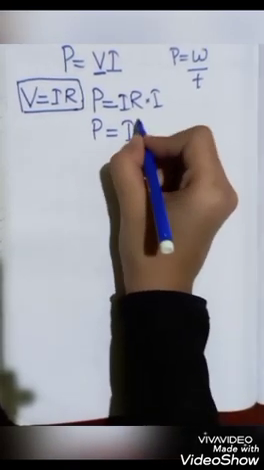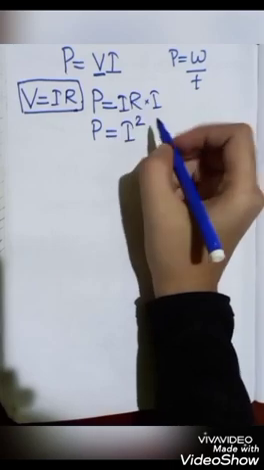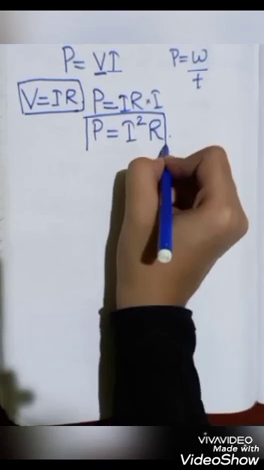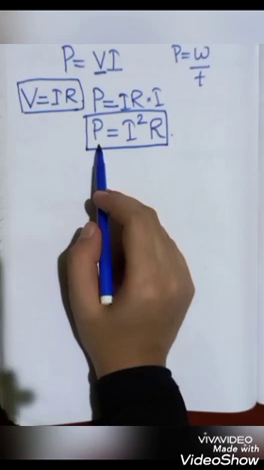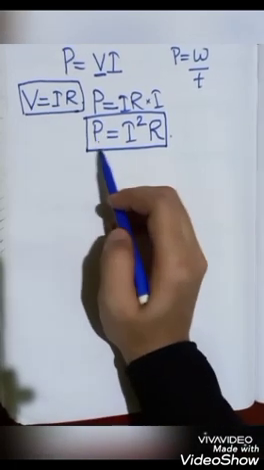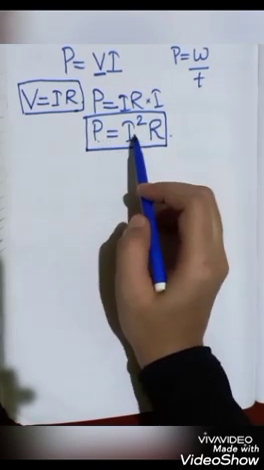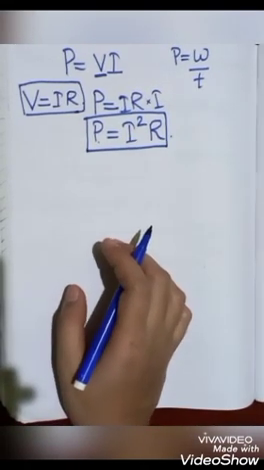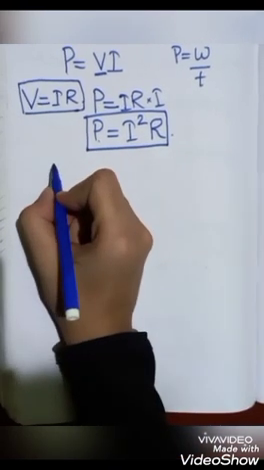It is I square. 2 into 2 is 2 square, 4 into 4 is 4 square. Similarly, I into I is I square. R is the resistance. This is another equation for electric power. This is the relationship between electric power, current and resistance, that is P is equal to I square R.